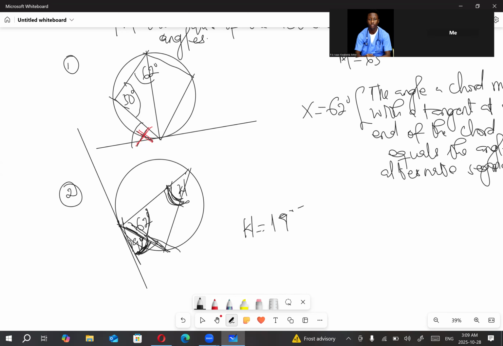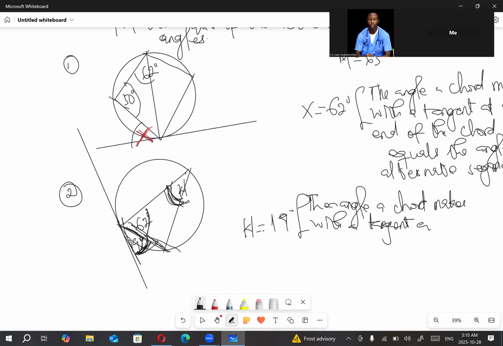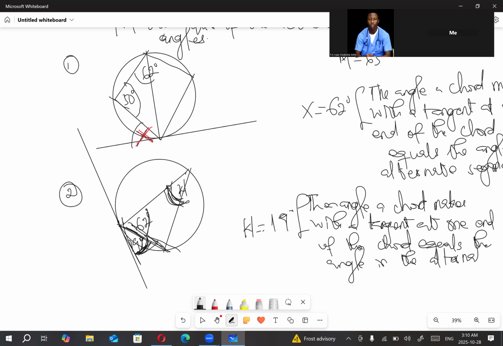So W is 19 degrees, and you state the property: at one end, equals the angle in the alternate segment. Yeah, so that is it.